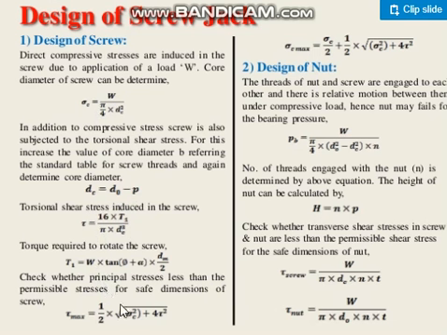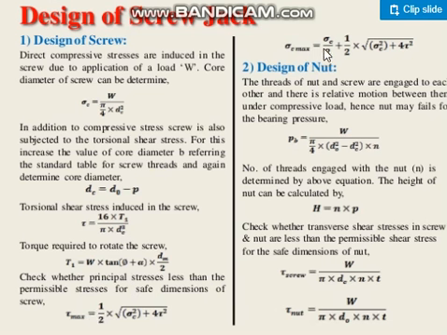For principal stresses we have two formulae: one is the maximum principal stress formula, another is the maximum shear stress formula. You insert these two values, sigma c and tau, in the maximum shear stress formula, and check whether this is less than the permissible shear stress for that material.